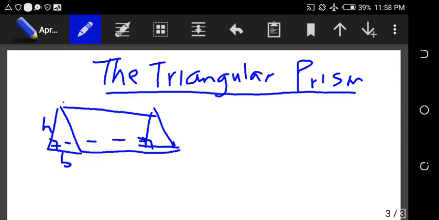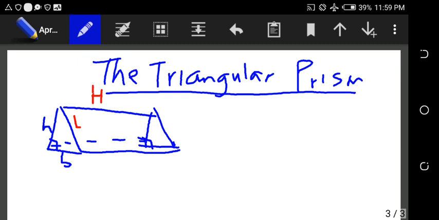Alright, then let me change some colors now. So this part becomes the slant, like a slant height. Alright, so that will be our L. Call that part the L. And then we'll have another labeling to make H, and this H is the actual height of the prism.